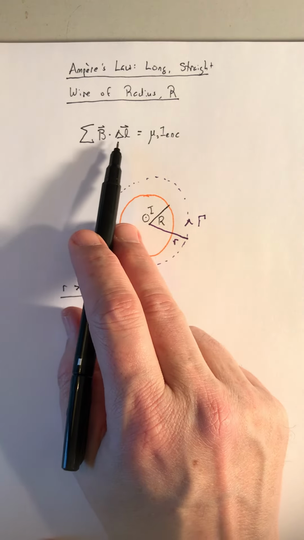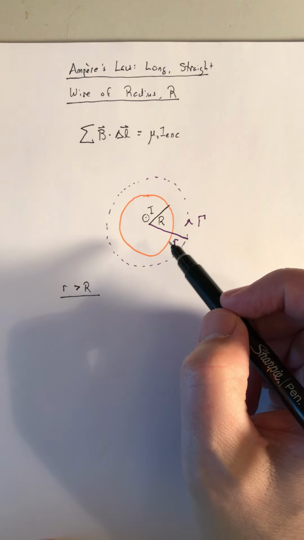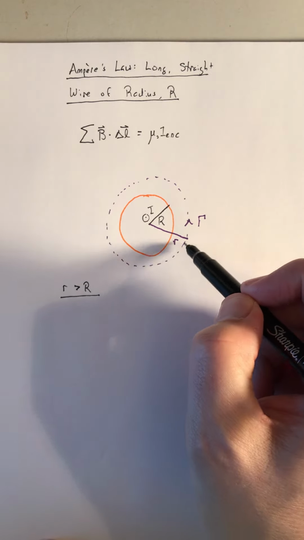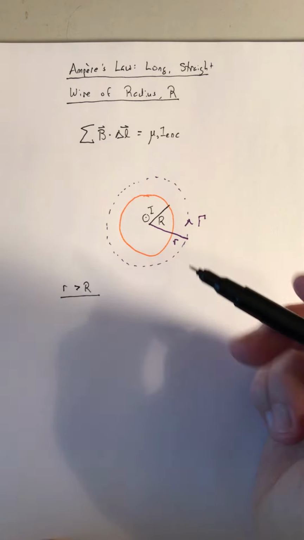So applying Ampere's law on the left hand side, I'm going to add up all the magnetic field components along my loop. Well, it's a circle, shares the same symmetry as the wire.